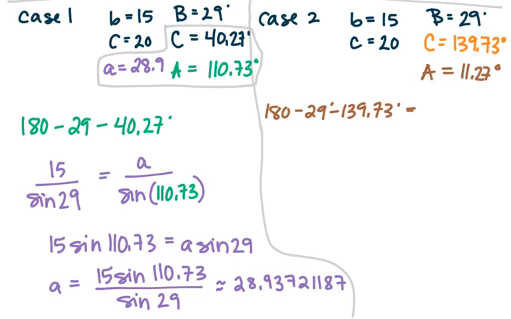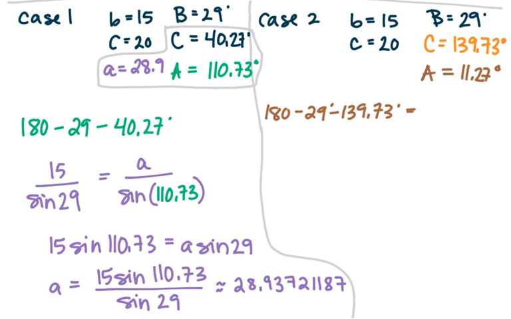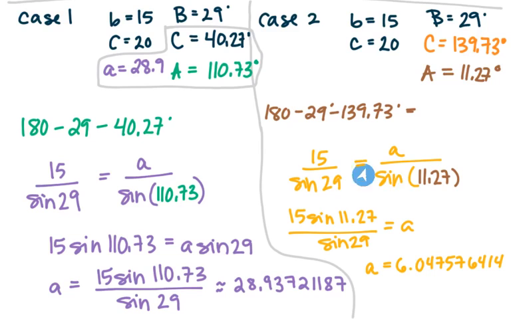Again, then we will use our law of sines. Setting this up, I'll say 15 over the sine of 29 equals a over the sine of 11.27. And when we cross multiply, then divide by sine of 29, that allows us to isolate a, typing it in our calculator using an exact function, using either the second answer button or storing that value you found for A to create this precise value.